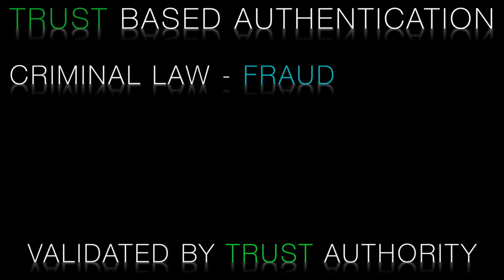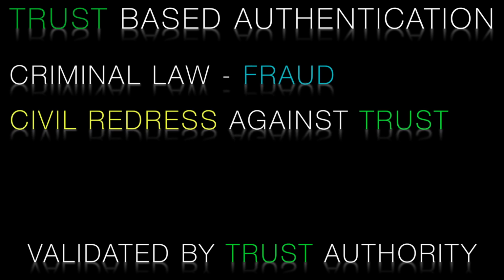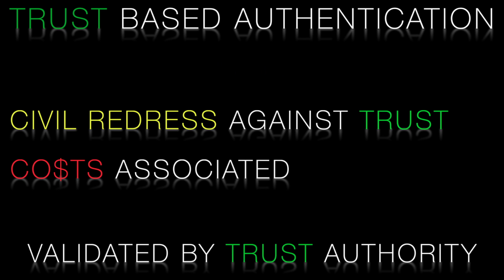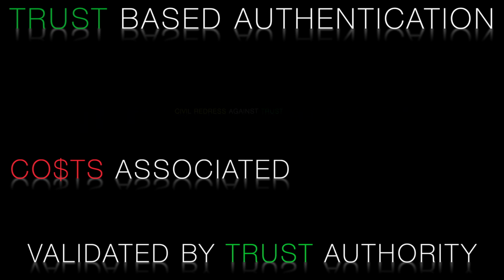Furthermore, there's a redress against the trust authority, such as claiming against a credit card company or a bank. This redress is not free, and a small charge will usually be levied against each transaction by the trust authority. These charges legitimately compensate the intermediary for assuming some of the fraud risk.